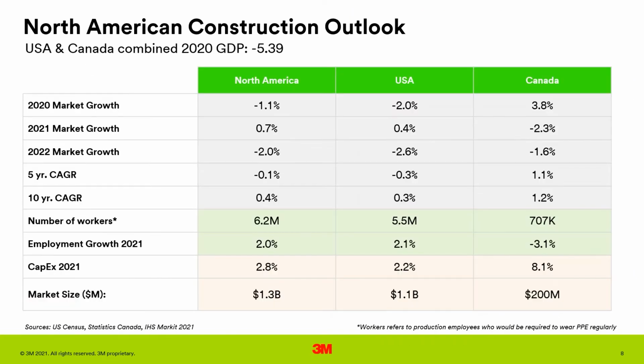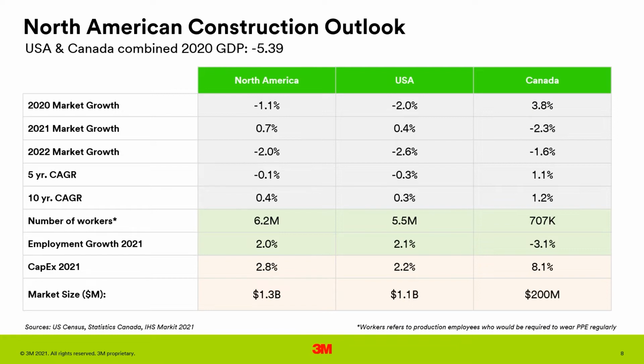So when we look at the market for construction, of course, 2020 was a difficult year for all of our industrial segments. Construction was no different. So we saw slight growth, which in comparison to some of the other segments is much less severe. We definitely saw a significant drop in oil and gas, mining, and some of the other industries.